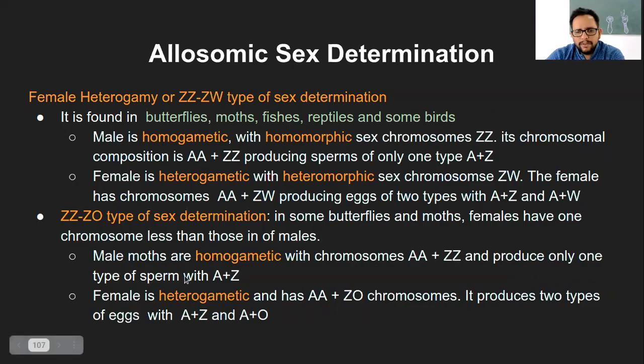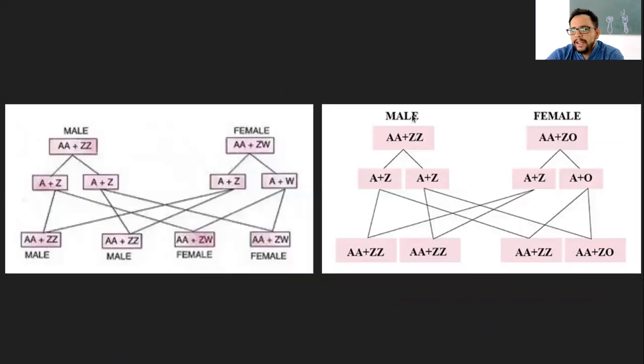Male will only produce one gamete, that is A plus Z. Female being heterogametic can either produce A plus Z or A plus O as a gamete. And that is what is being shown here. Male homogametic, one type of gamete. Female heterogametic will produce two types of gamete.